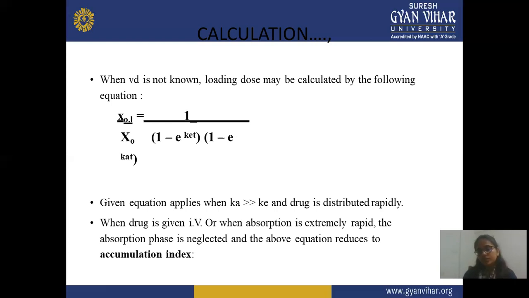This is for the extravascular route; when you give the drug intravenously, no absorption is observed, or absorption may be neglected. In this condition, you don't check the response or absorption rate.